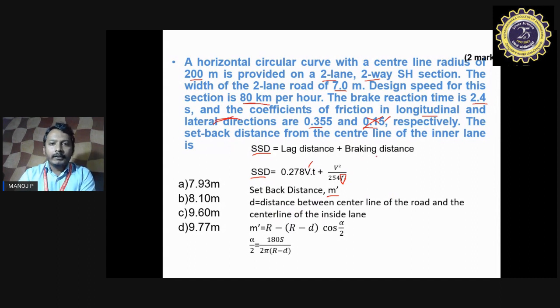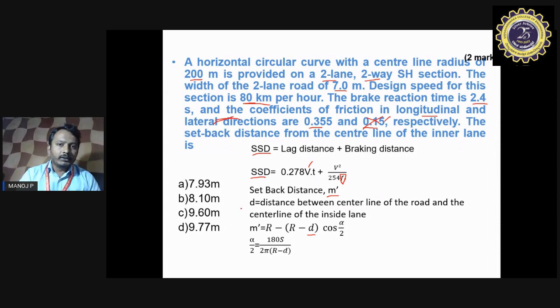Here, small d is also given in the question. R is given as 200 meters, whereas the width of the two-lane road is given as 7 meters, and small t value is 2.4 seconds, it is also given.